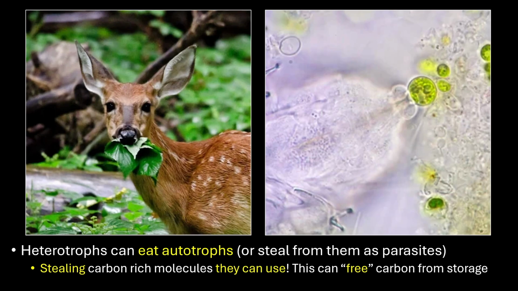So this is how these heterotrophs actually acquire their resources, whether we're talking about predators, grazers, or parasites. So for example, the deer in this photo is consuming leaf matter. It has eaten leaves from a tree, and those leaves contain those resources. They contain those sugars that were made in photosynthesis. Now they belong to the deer.